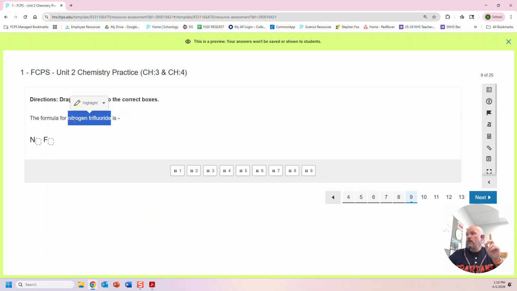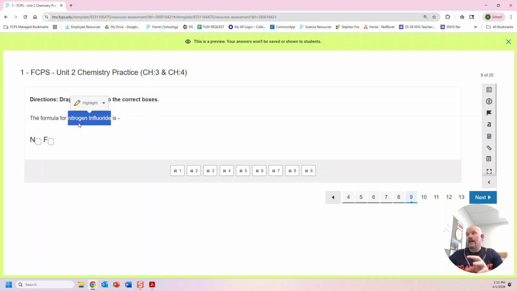Remember, we don't use a prefix for the first element if the first element has 1, right? So if it were 2 nitrogens, it would be dinitrogen. If it were 3 nitrogens, it would be trinitrogen. If there were 7 nitrogens, it would be heptanitrogen, right? But if there's just 1 nitrogen, they're not going to say mononitrogen for the first element, right?